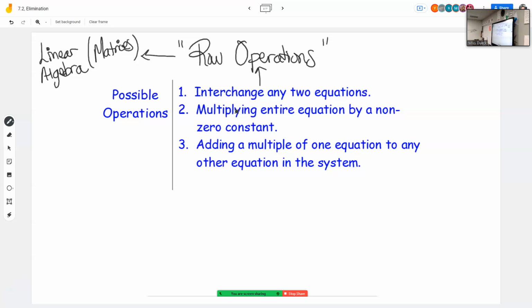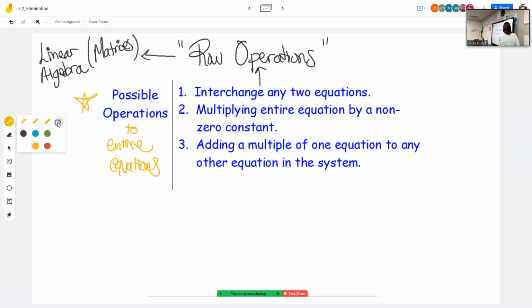But let's just talk about elimination. You're trying to eliminate. What have you learned when you've done elimination? Legal operations, to entire equations. That's kind of the key.